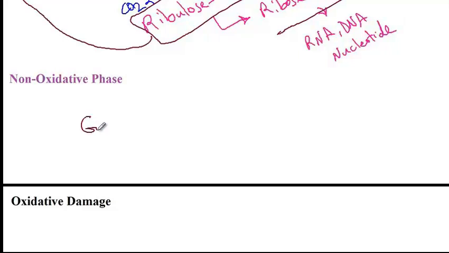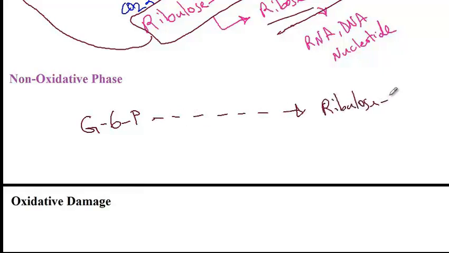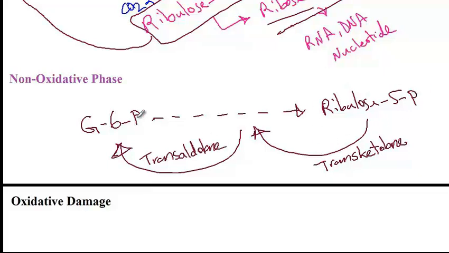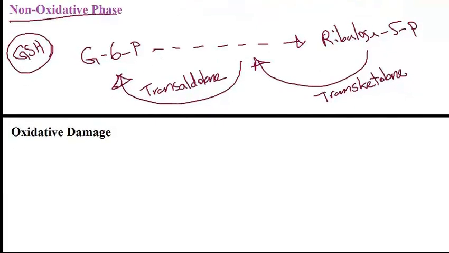So we had the glucose 6-phosphate, which through a series of reactions has been converted into ribulose 5-phosphate. Now via two different enzymes called transketolase and transaldolase, this pentose phosphate is converted back into the hexose phosphate, and that's the non-oxidative phase of the pentose phosphate pathway.